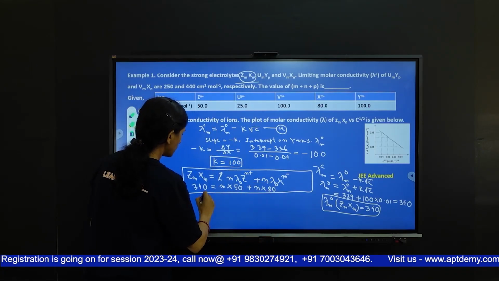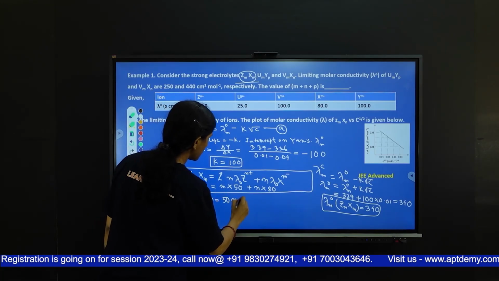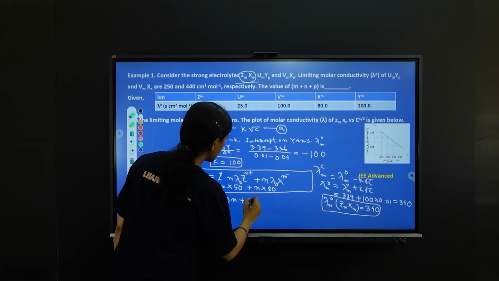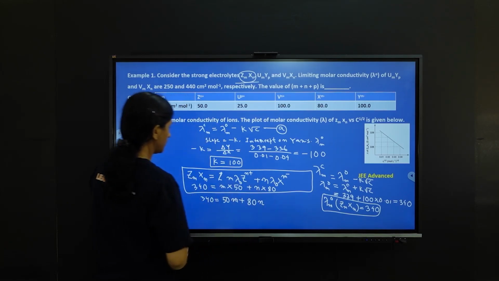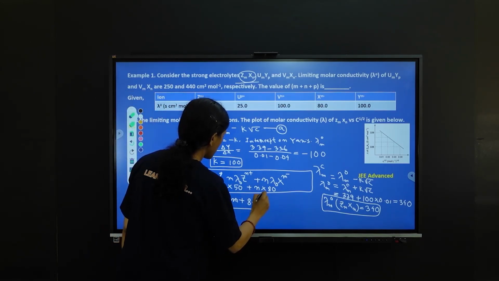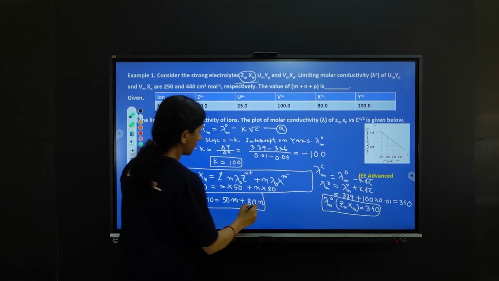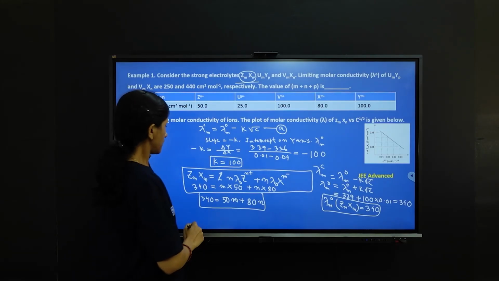So you will get 340 is equal to 50m plus 80n. So this is for the first electrolyte ZMXN.